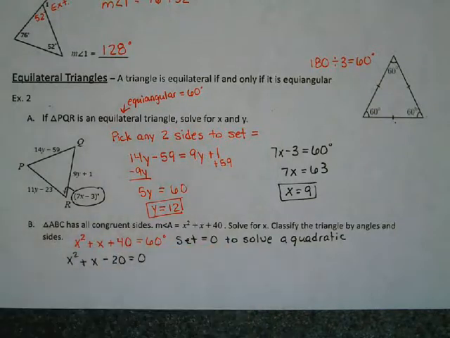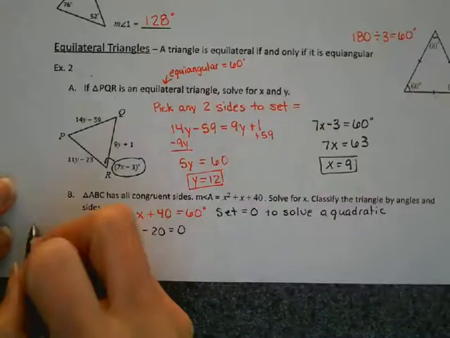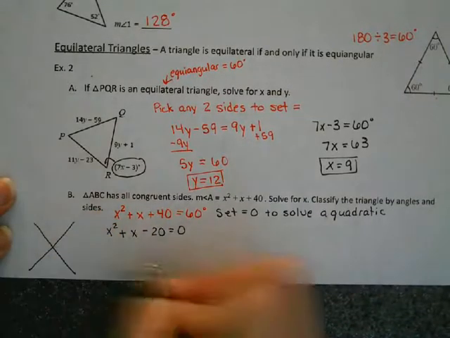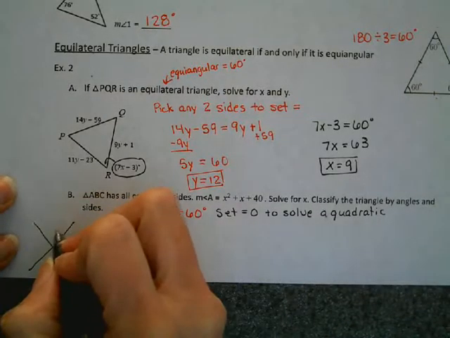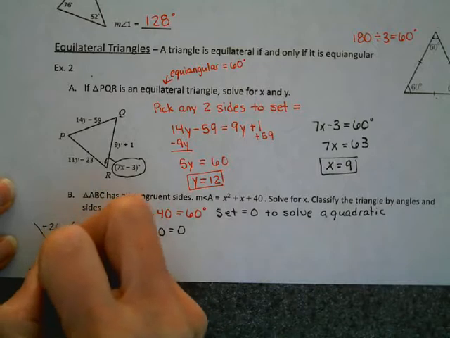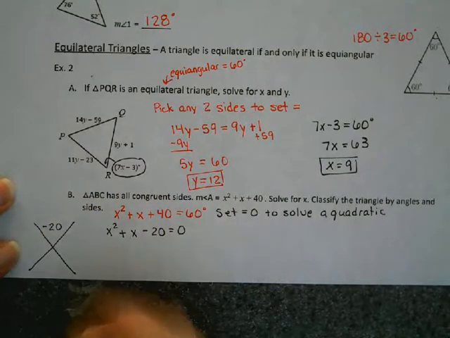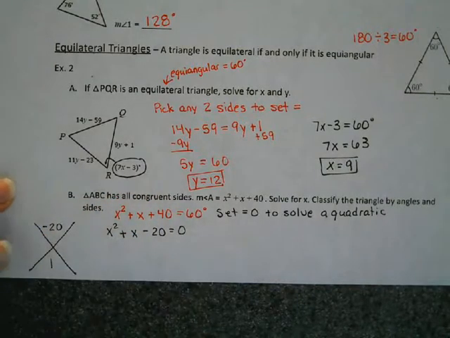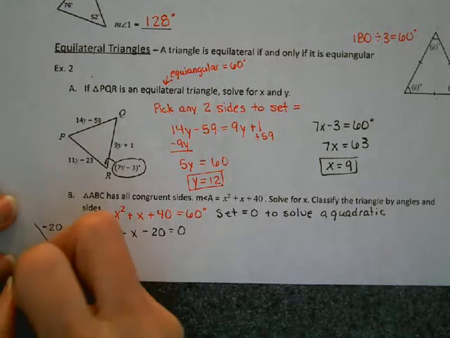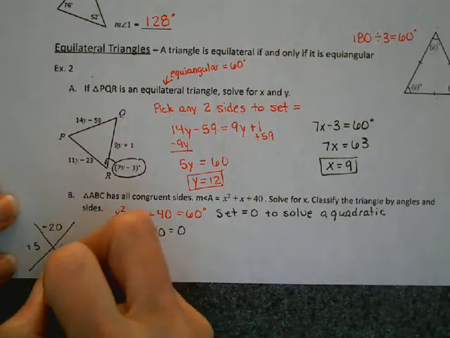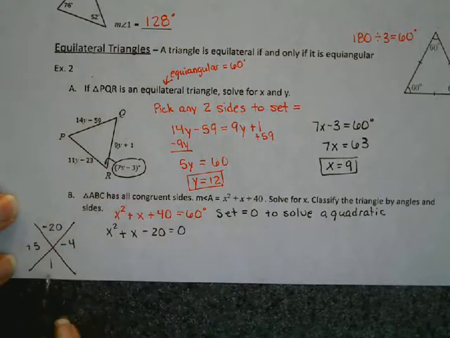Then you would do your x method. The top number would be negative 20. The bottom number here, the number with x, would just be 1. So I need the factors of negative 20 that add up to 1. So I'll use a positive 5 and negative 4. That adds up to 1 and it multiplies to negative 20.